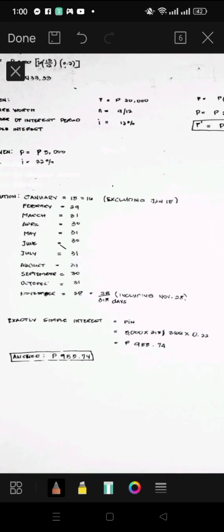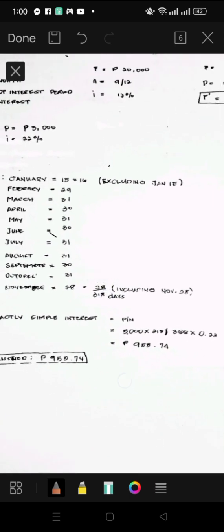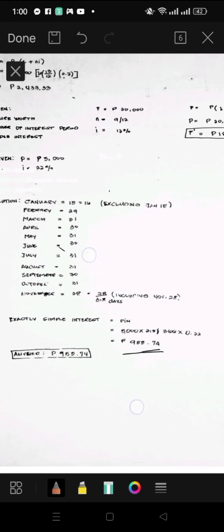I is equal to 5000 over 318 over 366 multiplied by 32, which is equal to 958 point 35, equal to 955.74.